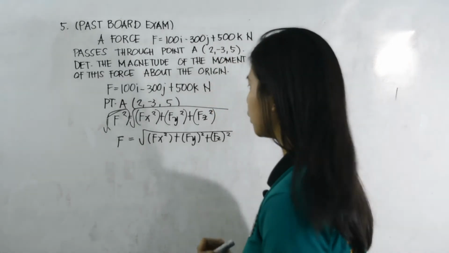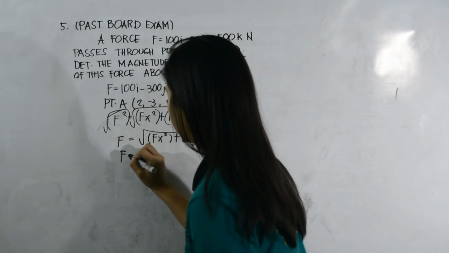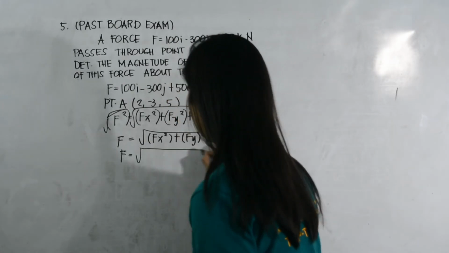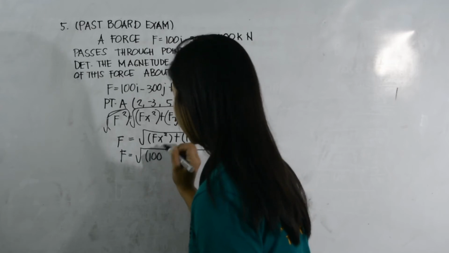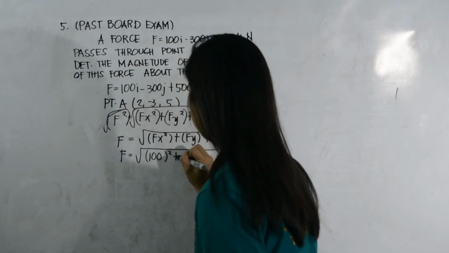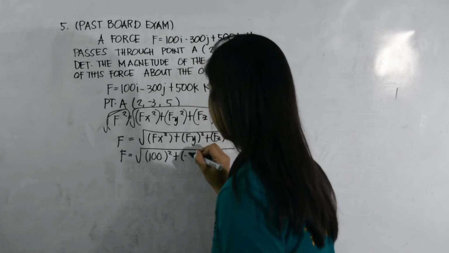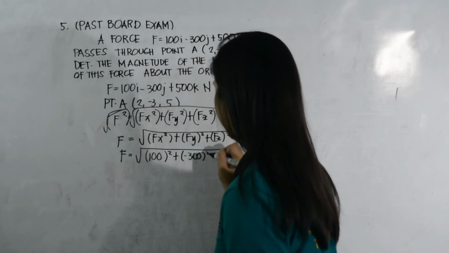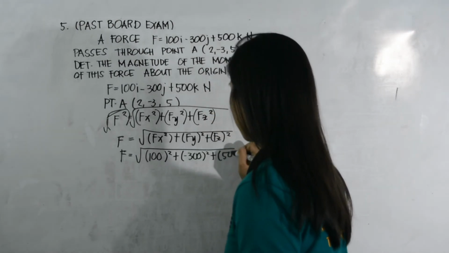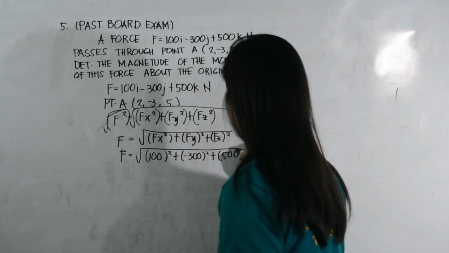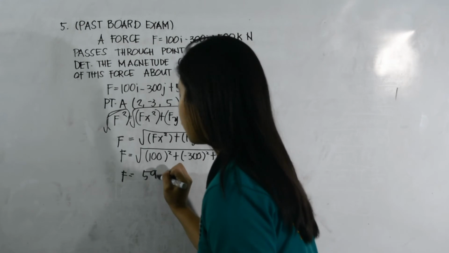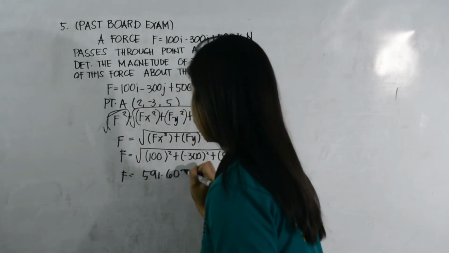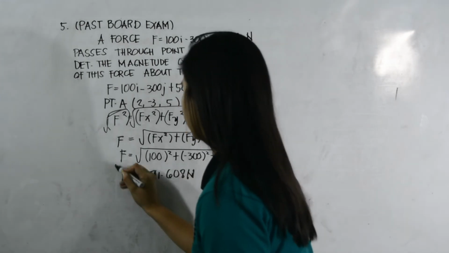Just substitute the following. We have F equals the square root of 100 squared plus -300 squared plus 500 squared. And that will give us the answer of 591.608 Newton.